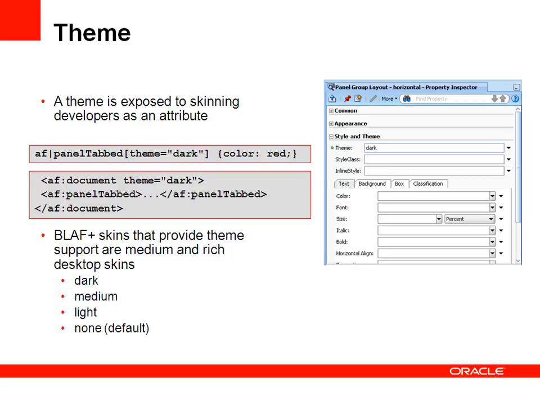But the name that I'm using there needs to be provided by the component I want to skin. And you see in the property inspector on the right hand side, the theme is set to dark. Yeah, so this skin would now apply to that component. And on the page itself, you see there's an AF document, and then theme is added as an attribute of the component, but at runtime it gets created in the generated HTML output as an attribute of the HTML component.